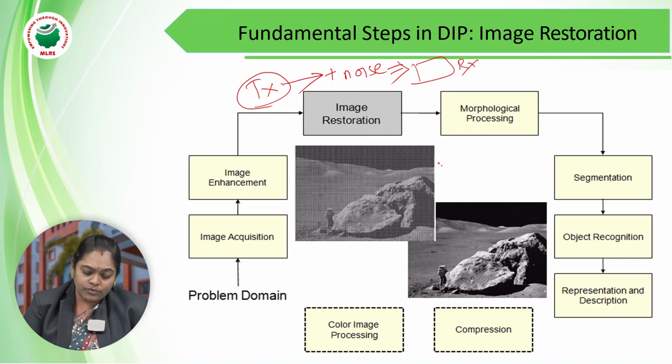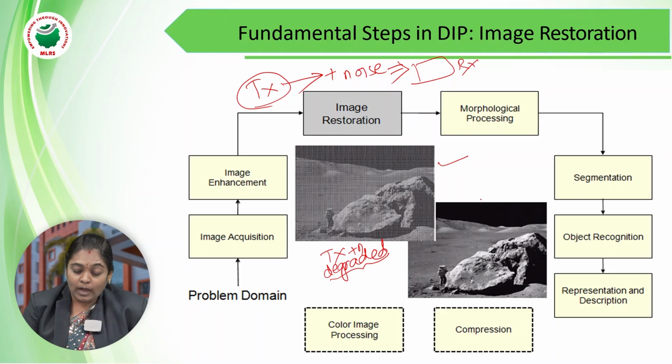If you observe this first figure, this is a transmitted image, or I can say this is a degraded image, meaning this is not the actual input image. On the input image, some noise has been added. That output image is called a degraded image. If you apply the different restoration filters, the output is the actual image, but this output of restoration may not be equivalent to the input image.